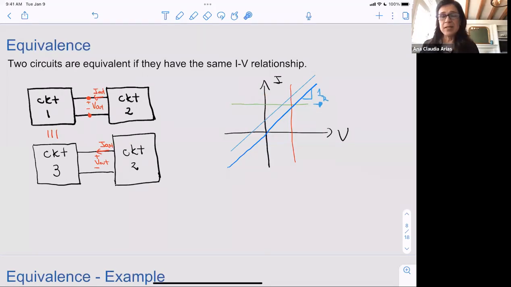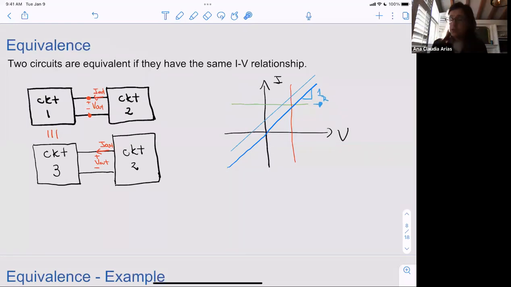So we can represent the elements that we have now always with lines, because we are only doing linear circuits, right? And we studied linear algebra, so we know that the IV characteristic in this class is always going to be a line. It will change as you go to different types of circuits. Not all circuits are linear, but here they are.